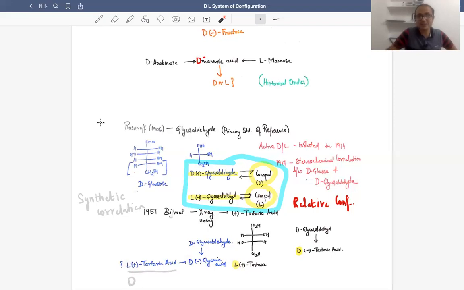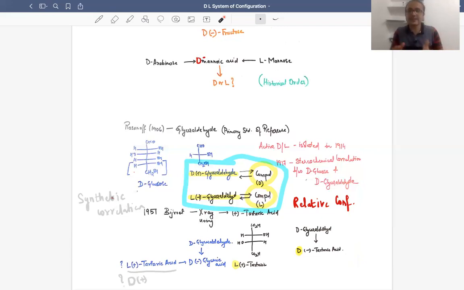So this is the confusion now. When synthesis started improving and people were able to synthesize different types of compounds, this D and L form of synthetic correlation didn't work very well.